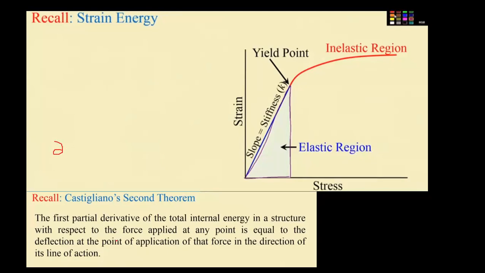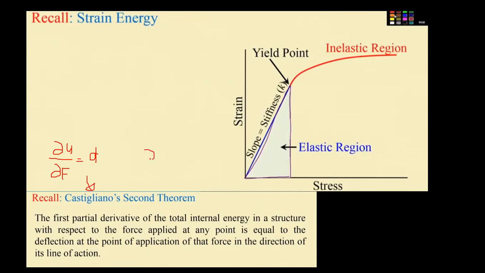The second theorem tells you the partial derivative of the total internal energy U with respect to the force applied at any point is equal to the deflection at that point, along the direction of that force. That's simply telling you if you partially differentiate the strain energy with respect to the force applied at that point, it gives you the displacement along that direction. This is the second theorem.